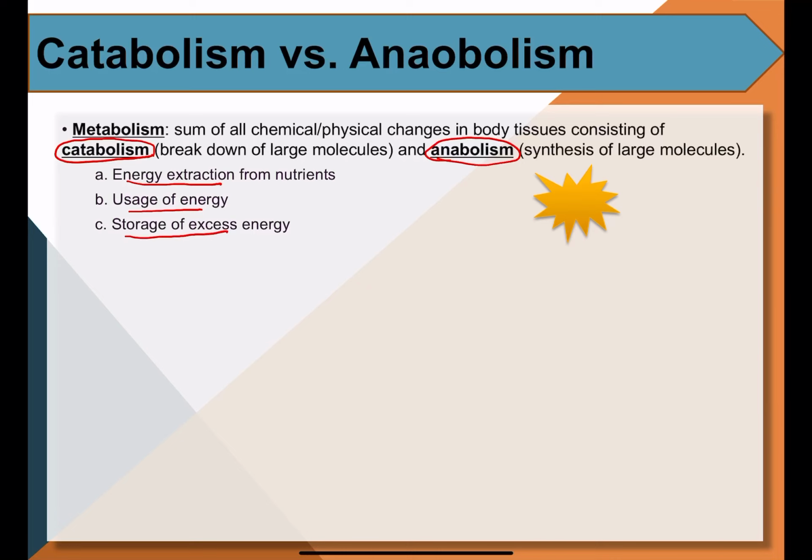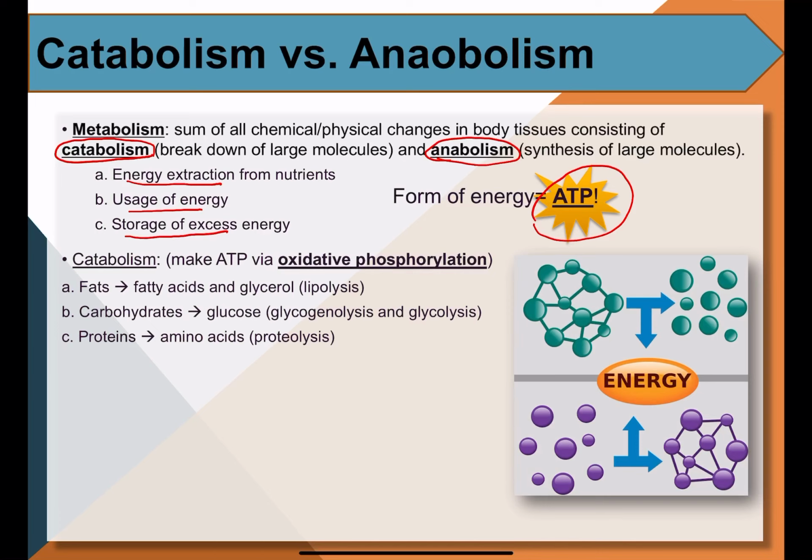All of these require the usage of our energy currency, which is ATP, which stands for adenosine triphosphate. For catabolism, we are breaking bonds between large molecules so we can extract ATP, mainly through the process of oxidative phosphorylation. I will talk about what that is later in the lecture.